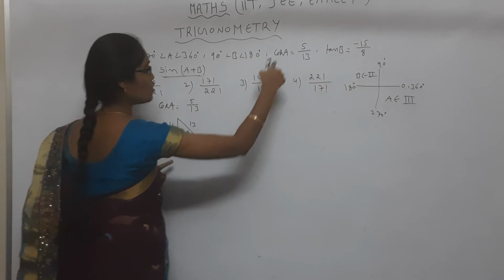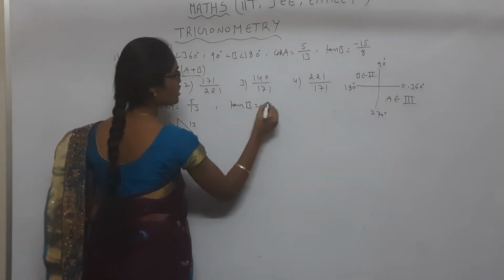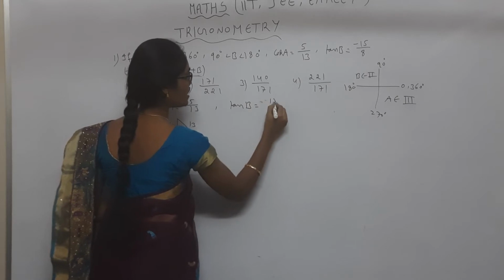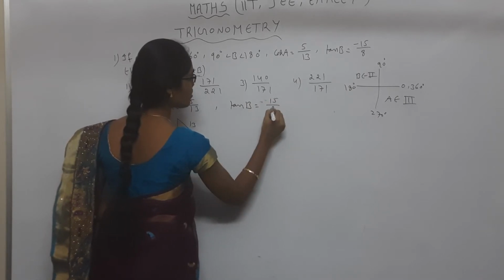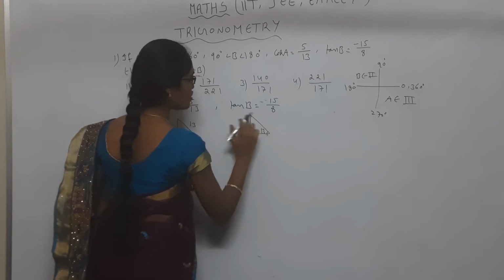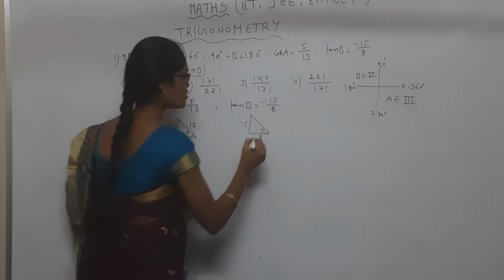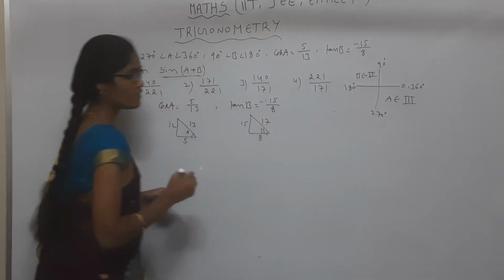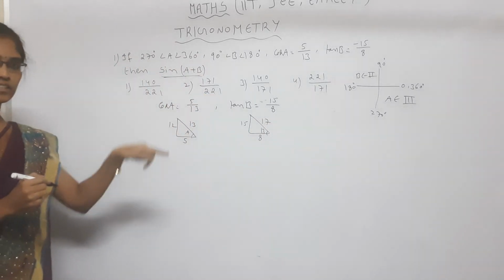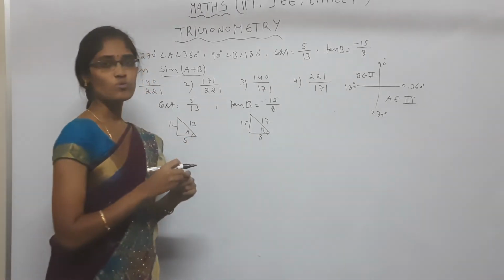Okay, next. What is the next condition? Next value is tan B is equal to 15 by 8. This is angle B. So tan means opposite and adjacent. Calculate, you will get 289, so 17 square. Okay.